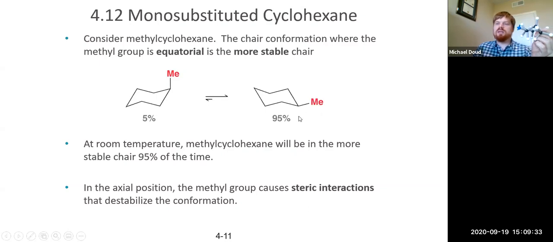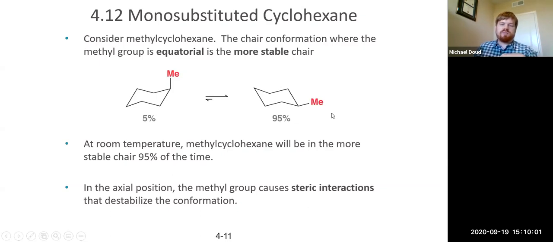So the methyl group is in the equatorial mode about 95% of the time. And again, they're flipping back and forth; you're not going to isolate one from the other. It's an equilibrium process. But this tells us that we have a preponderance of the equatorial substituted group, so that must be the more stable version. So if you have a mono-substituted cyclohexane, the equatorial is going to be the more stable.